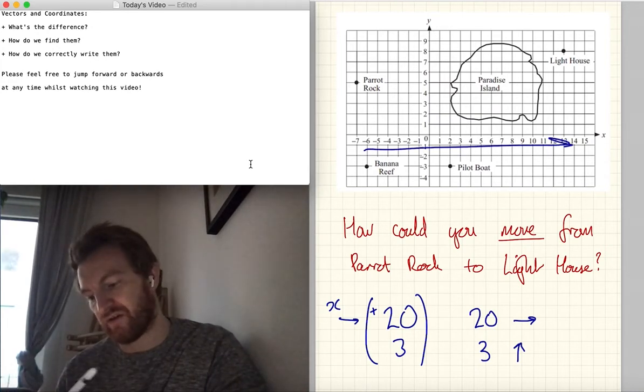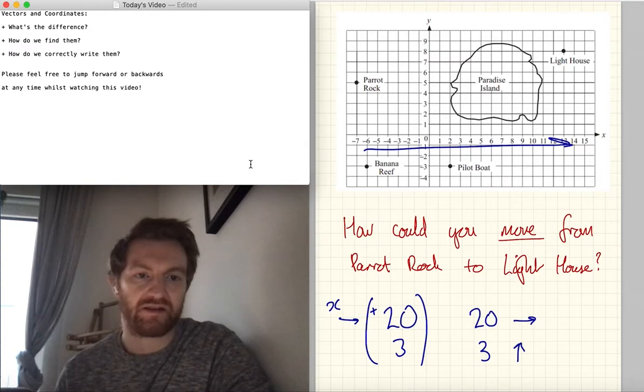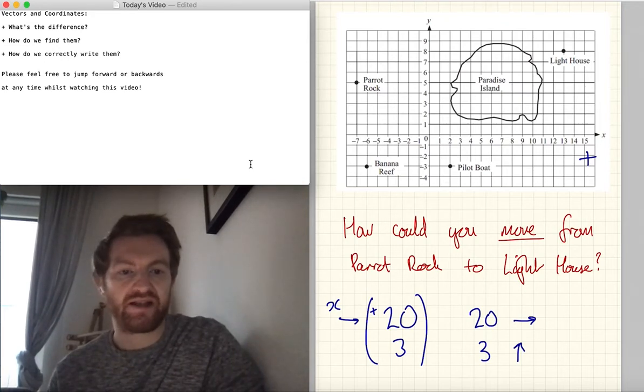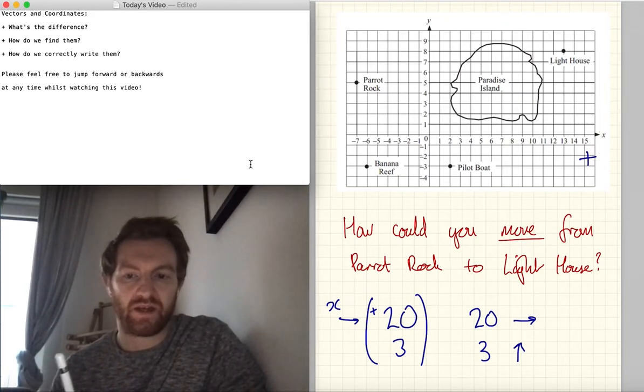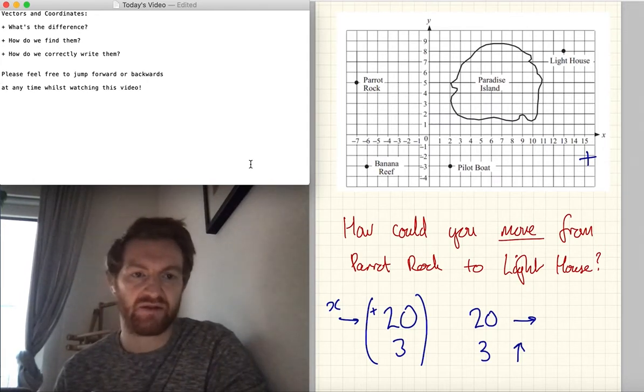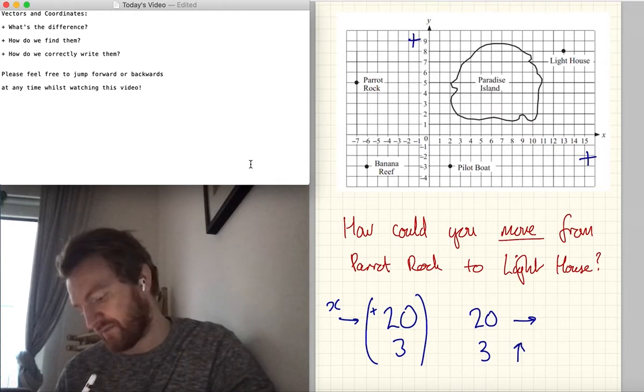Positive numbers are on the right-hand side. So we say it's gone to the right, therefore it's gone positive. The 3 can either be negative or positive, but here again, it's going up, and up becomes positive. So we say it's positive 3.